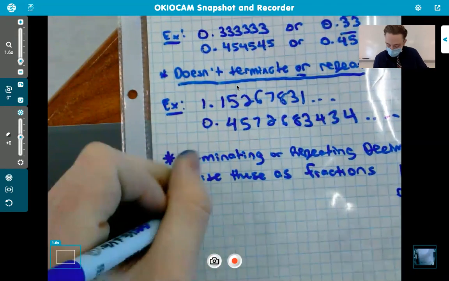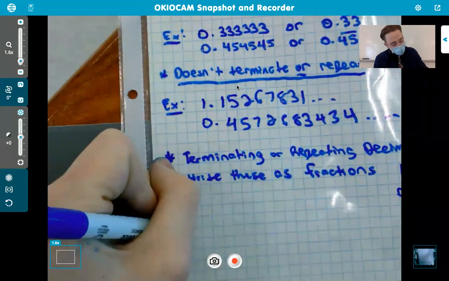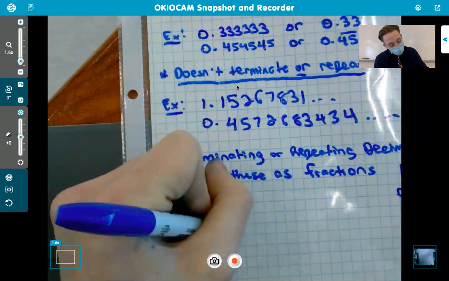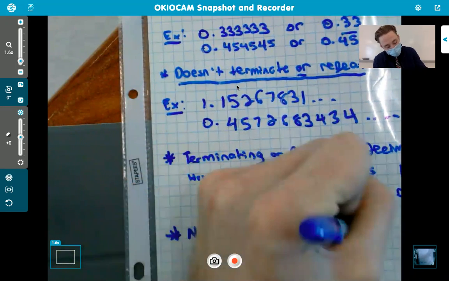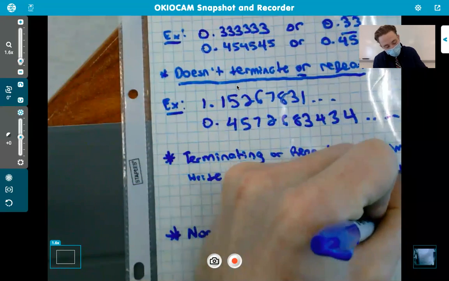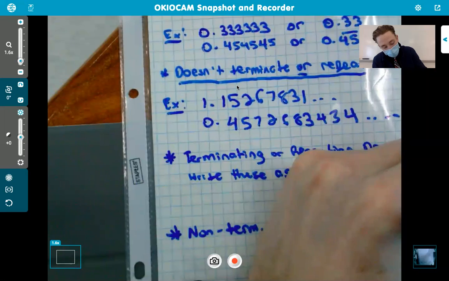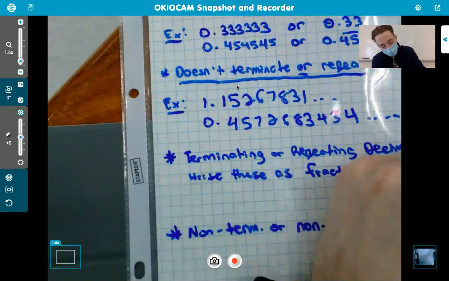Whereas a non-terminating or non-repeating decimal can't be written as a fraction.